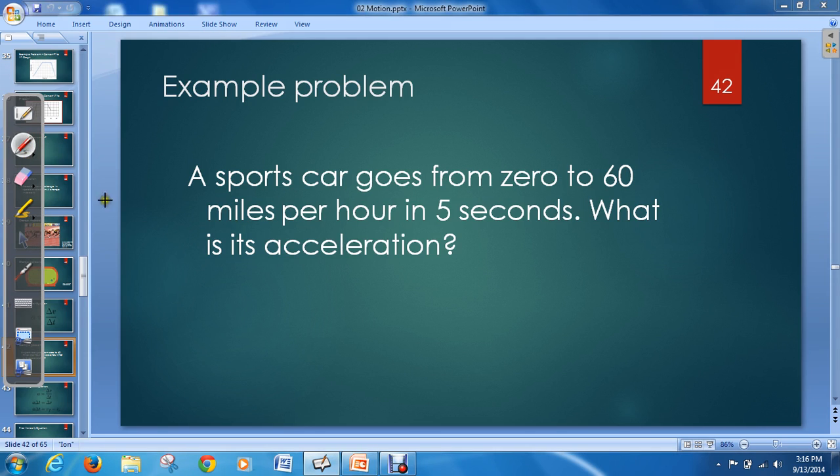All we have to do is find its change in speed. Its change in speed or change in velocity was 0 to 60, or 60 miles per hour. Our change in time was 5 seconds.